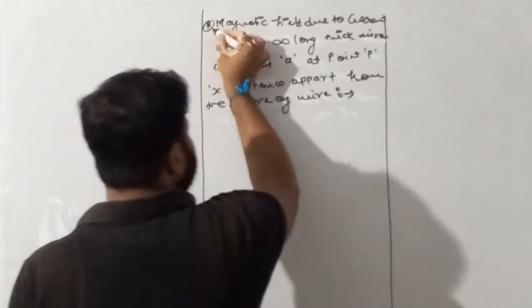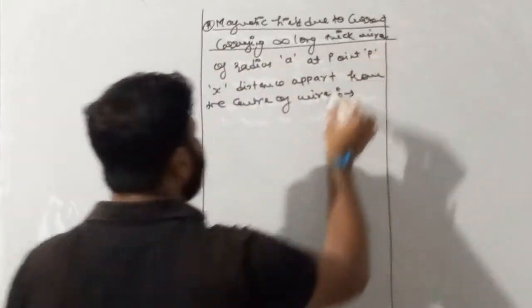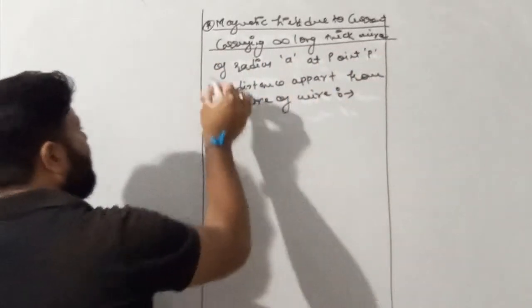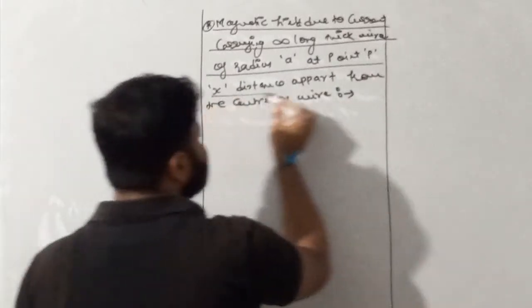So the topic is the magnetic field due to a current carrying infinite long thick wire of radius A at a point P, x distance apart from the center of the wire.